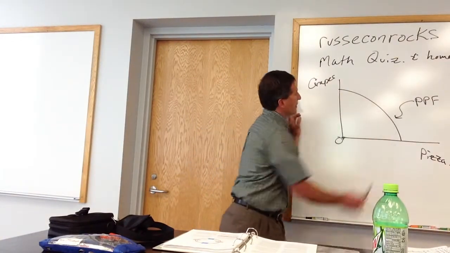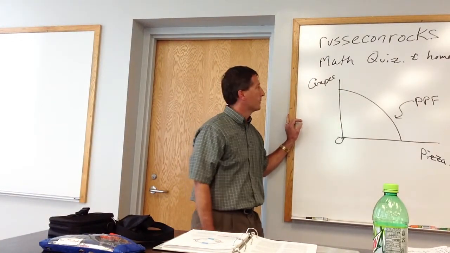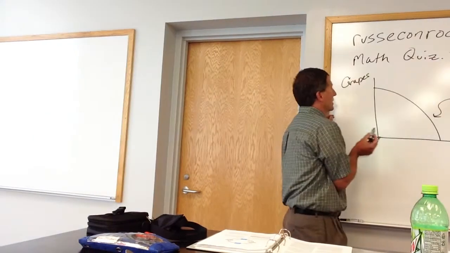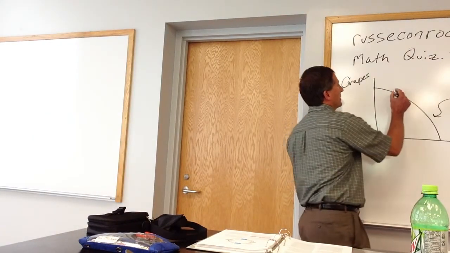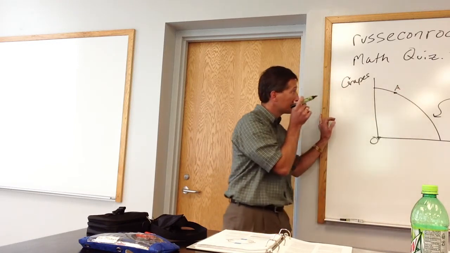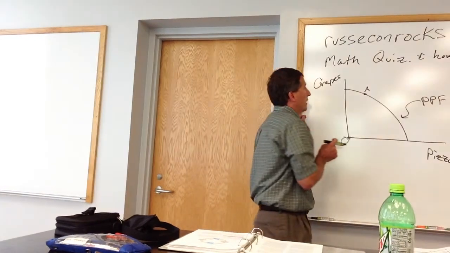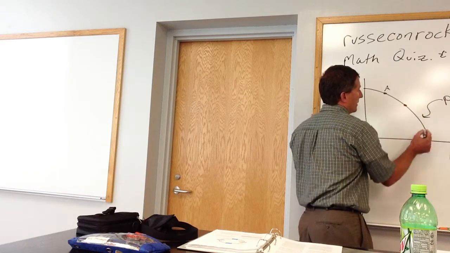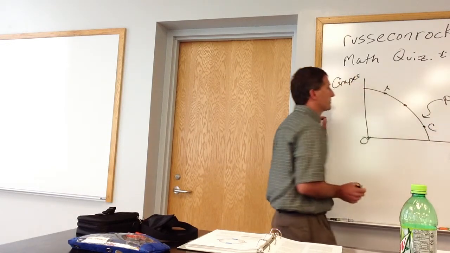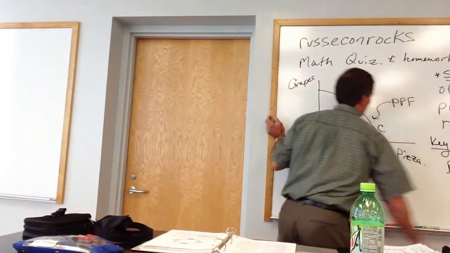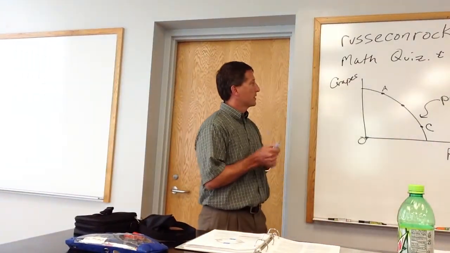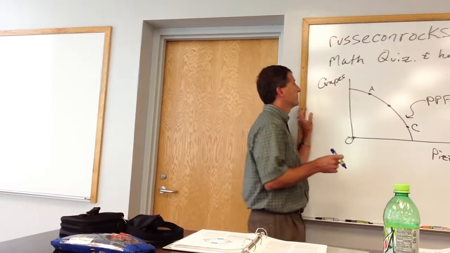And the same is true here if we start thinking about grapes and pizza and the cost associated with grapes and pizza. So if we have a point here, let's call it point A, and point B, and point C. Because of that curve, the trade-offs are different moving from point to point.